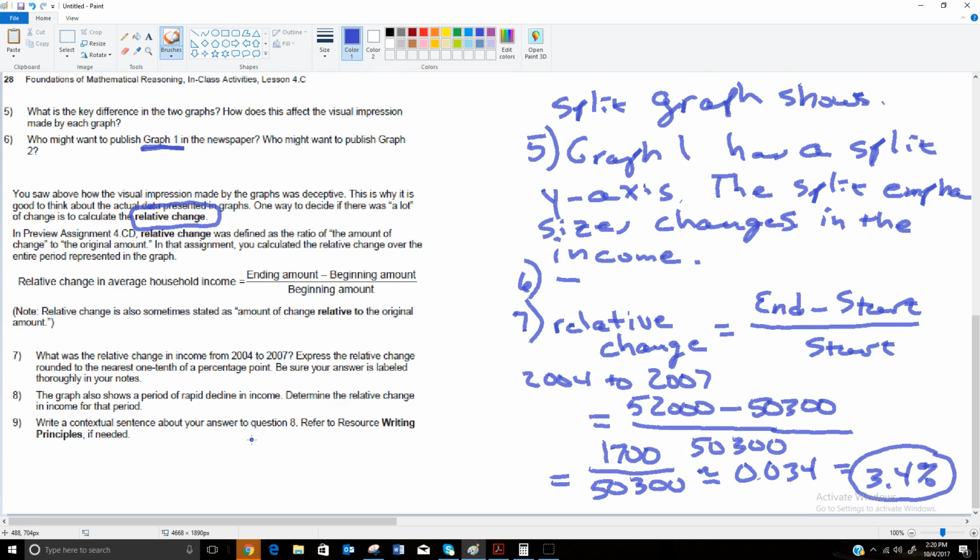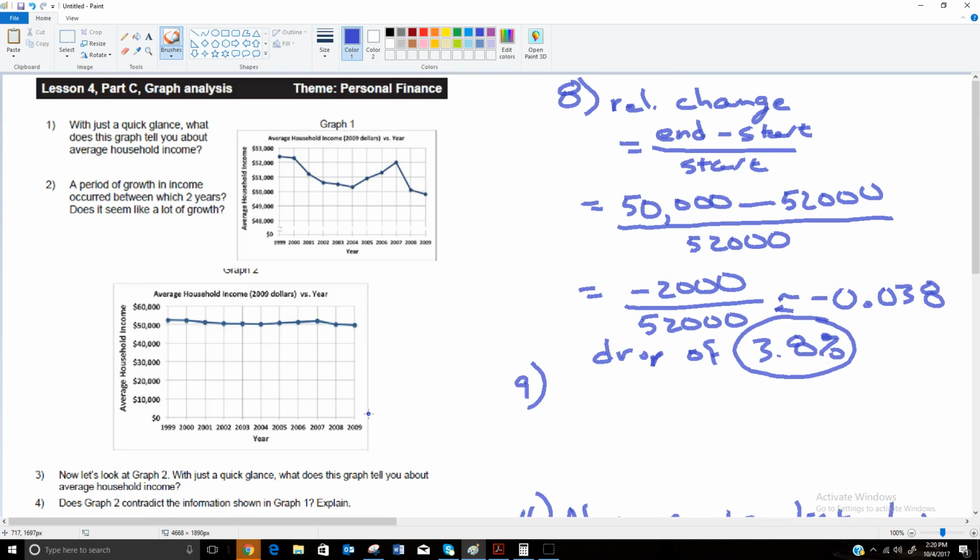And then number 9 says, write a contextual sentence about your answer to question 8. Refer to the resource writing principles if needed. So they just want us to use good verbiage with this. So lots of detail.